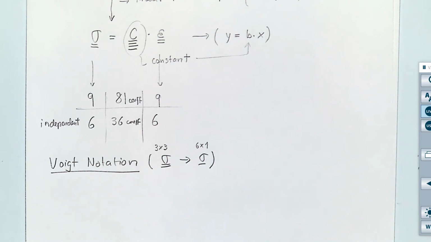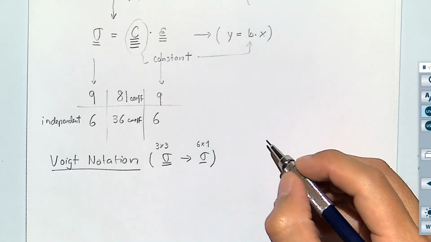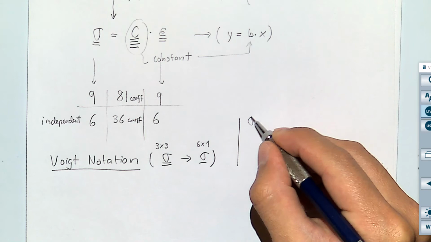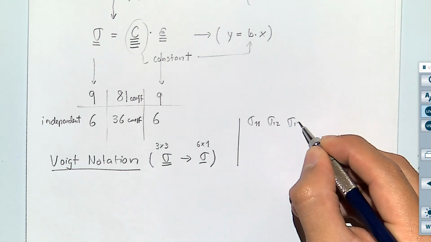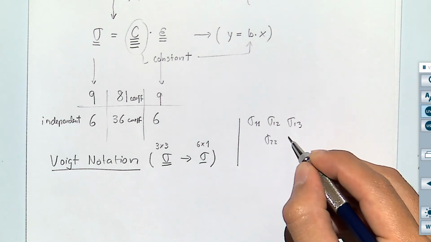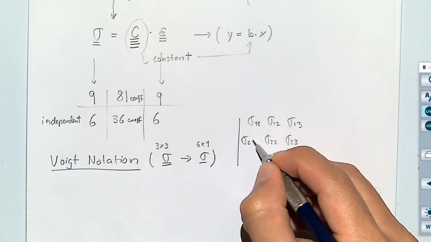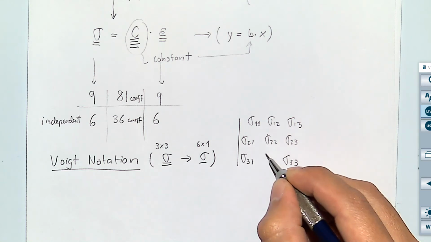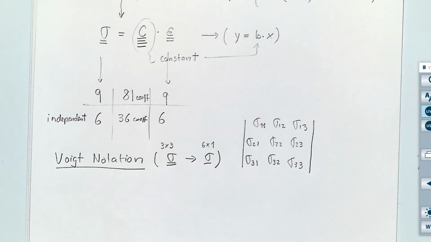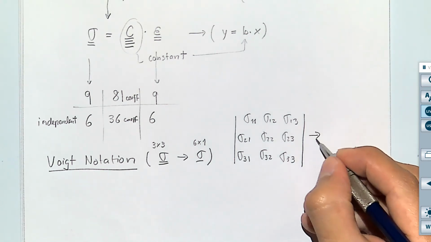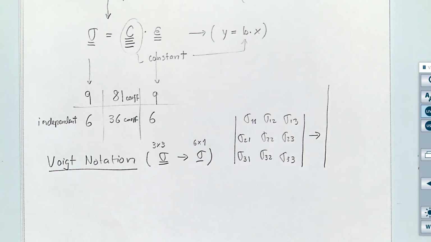So what I'm going to do then is get, for example, a matrix sigma 1 1, sigma 1 2, sigma 1 3, sigma 2 3, and let me just complete this one. And instead of writing this as a matrix, I'm going to write it as a long vector.